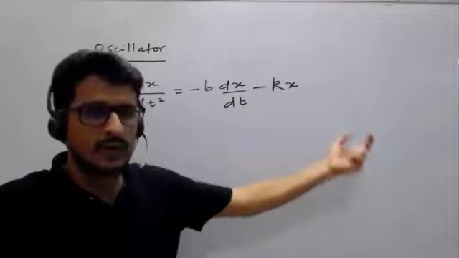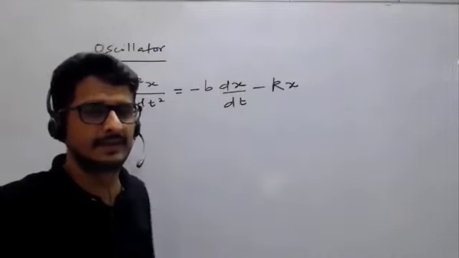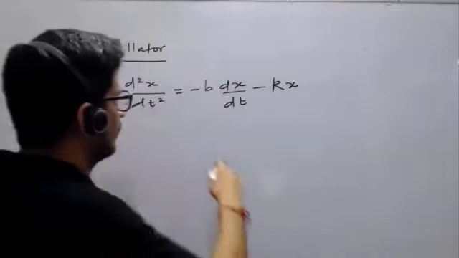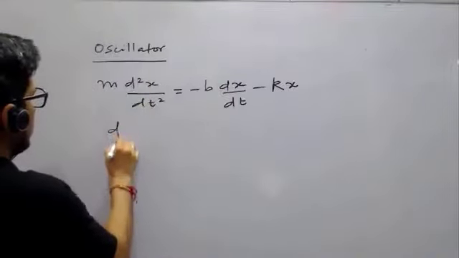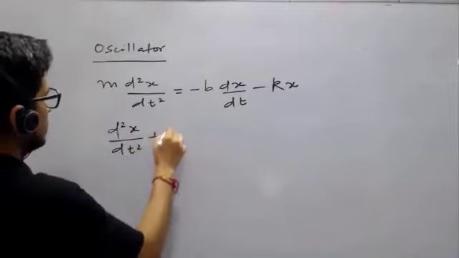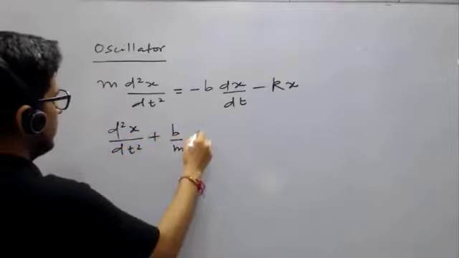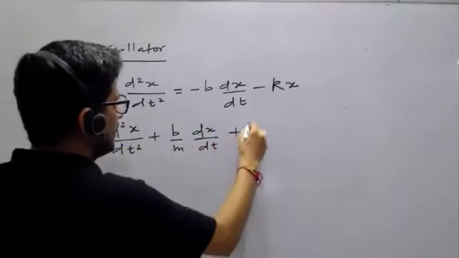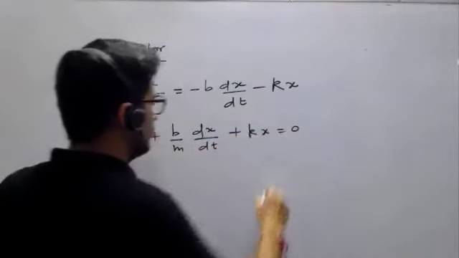Suppose there is no external force, just because I am discussing the homogeneous case in which the right hand side is equal to 0. So if you write it properly, you will see d2x by dt2 plus (b by m) dx by dt plus (k by m) x is equal to 0.